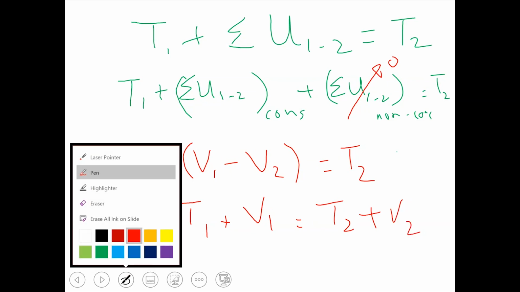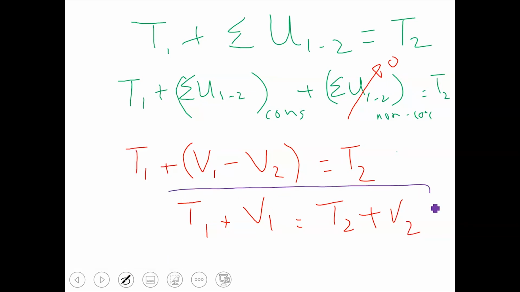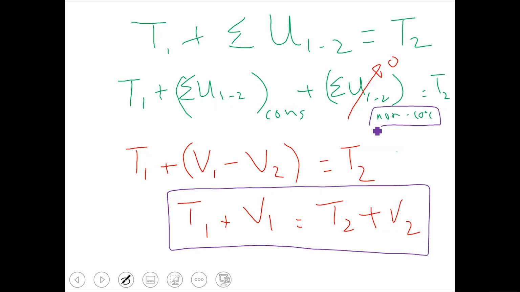Now this particular equation is termed as the conservation of energy principle. What does this principle state? This principle states that the total energy of a particle would remain constant provided that there is no non-conservative force acting on that particle between position 1 and position 2.